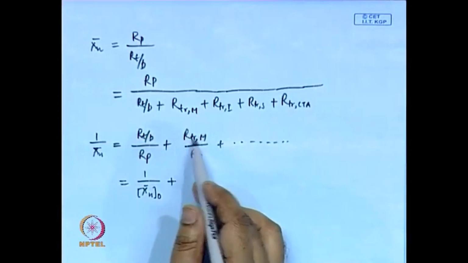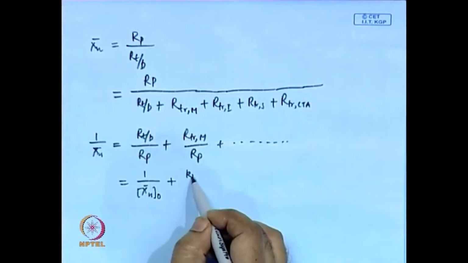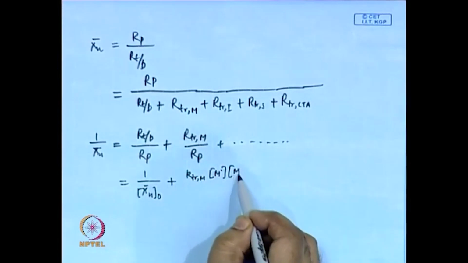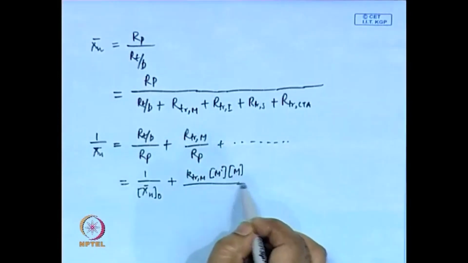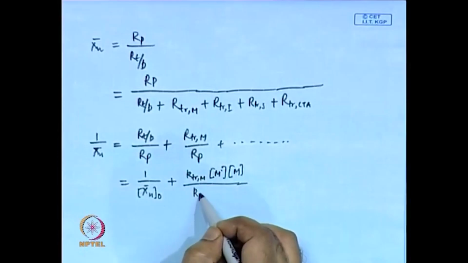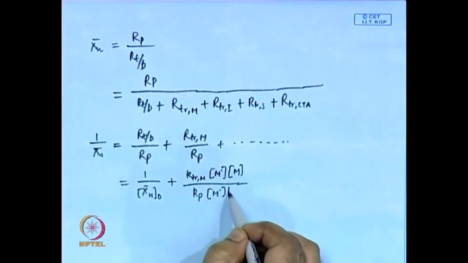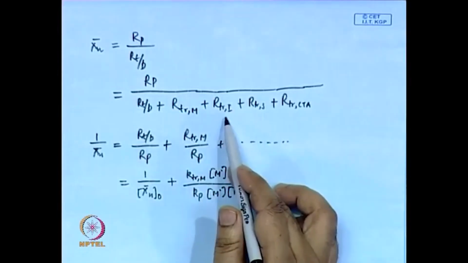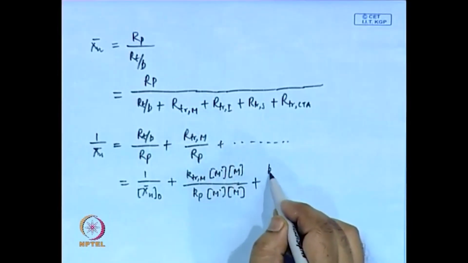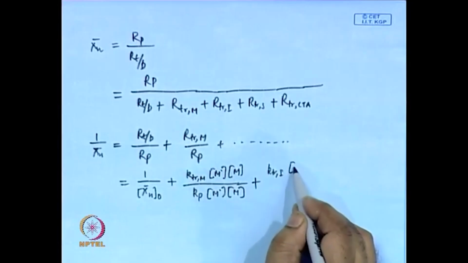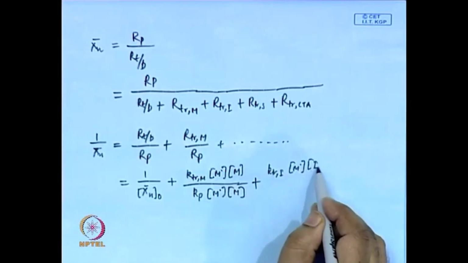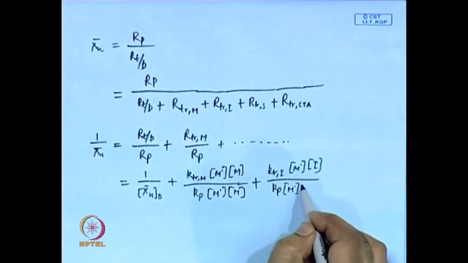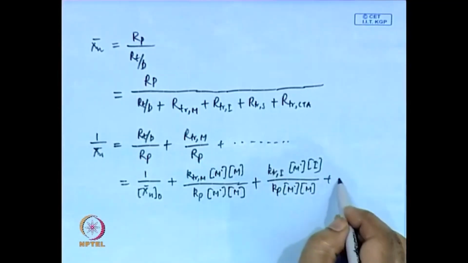So, K transfer is given by rate constant transfer monomer M dot M by Kp M dot M, plus if I talk about the initiator, then K transfer initiator M dot I by Kp M dot M, plus others.